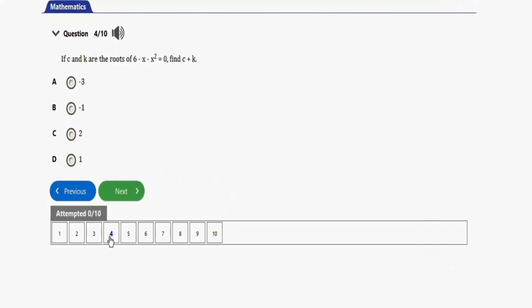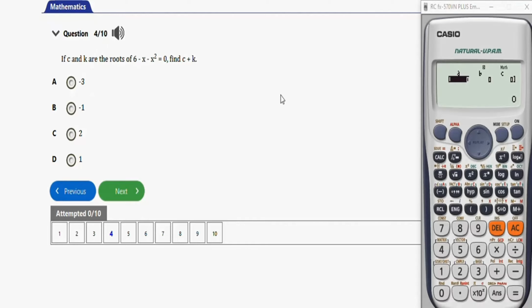Question 4. If c and k are the roots of this quadratic equation, find c plus k. So let's bring the calculator. For this question, let's invert this equation. When you take everything here, 6 minus x minus s squared, to the right side of the equation, the sign convention will change.